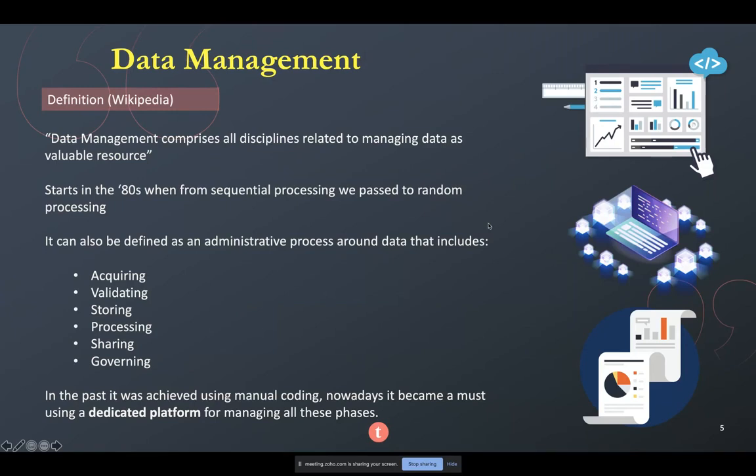It is actually still used, but it has been demonstrated that there is a threshold after which manual coding is not sufficient anymore, and is not cost effective. And this is why in the market we started seeing dedicated platforms for managing all these phases.